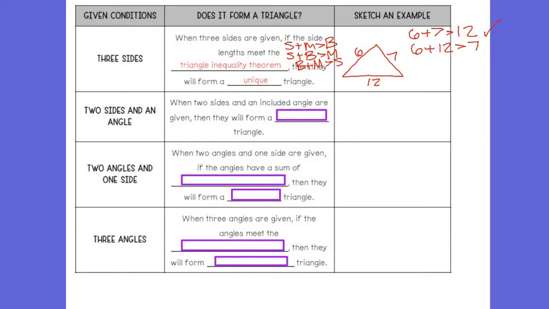Is 6 plus 12 greater than 7? Yes. Then I need 12 plus 7 has to be greater than 6. Is that greater than 6? Yes. Did all 3 work? Yes. So that tells me those can be sides of a triangle. Nobody will be too long and nobody will be too short. Okay, we learned that yesterday.